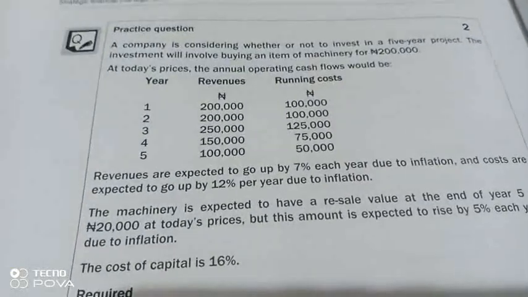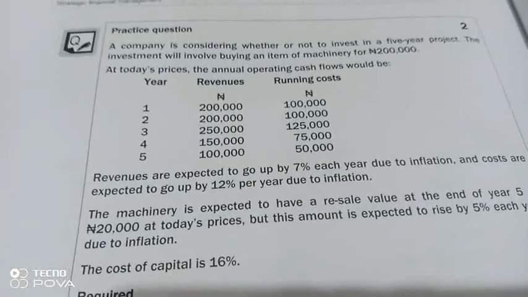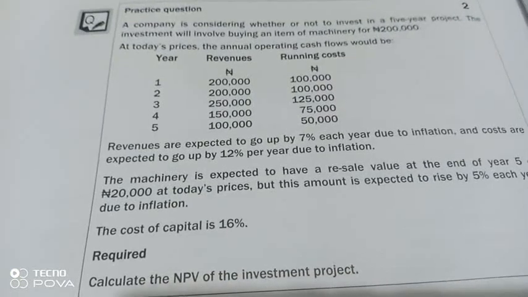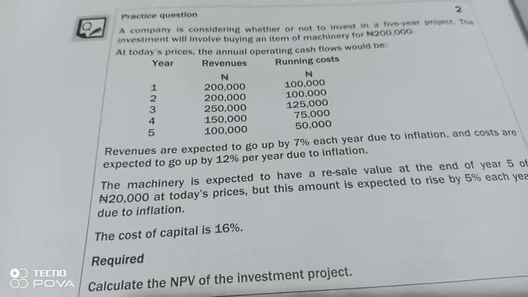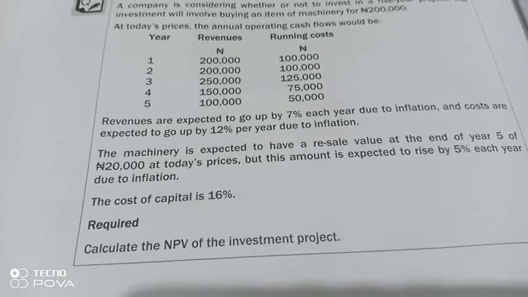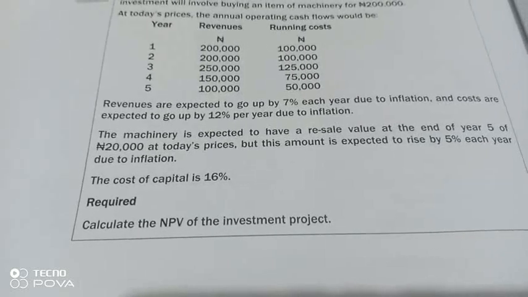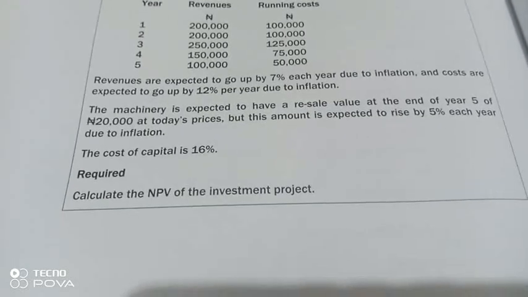Revenue. Year one revenue 200,000, money cost 100,000. Year 2 revenue 200,000, money cost 100,000. Year 3 revenue 2,000, 1,500 for the money cost. Year 4 1,500 for revenue and 7,500 for money cost. While year 5 is 100,000 for revenue and 1,500 for money cost.